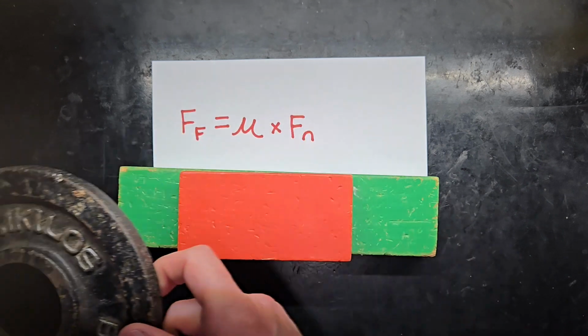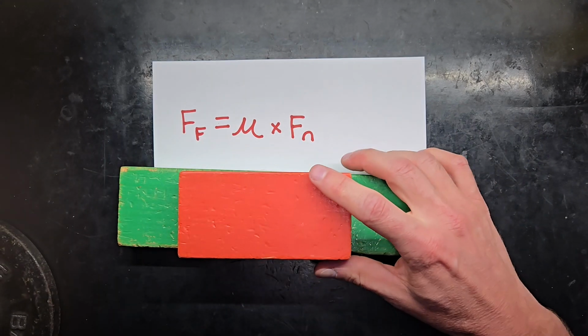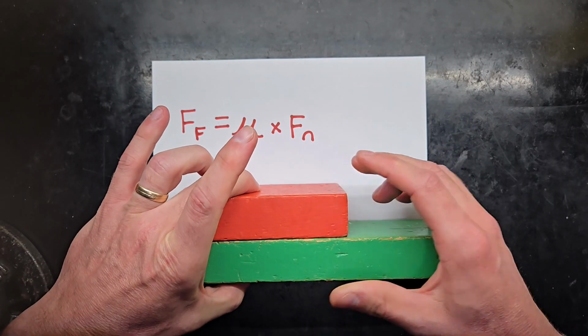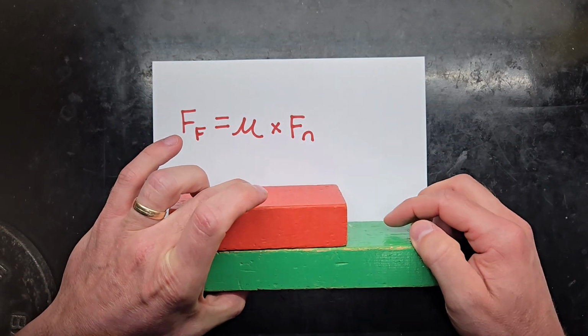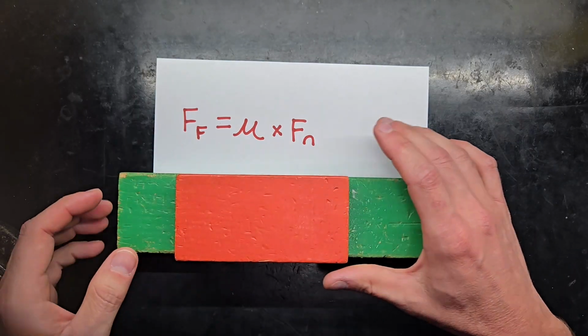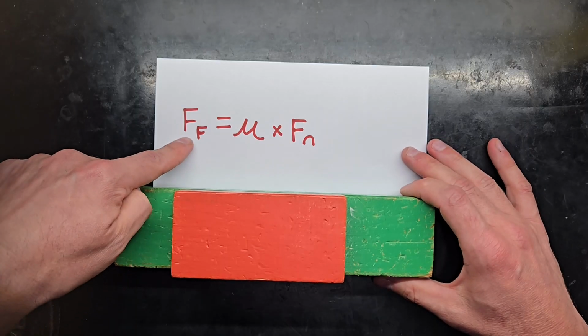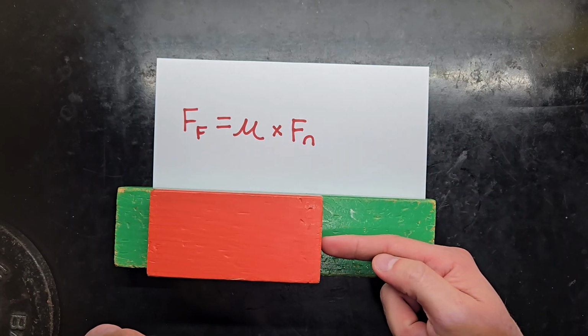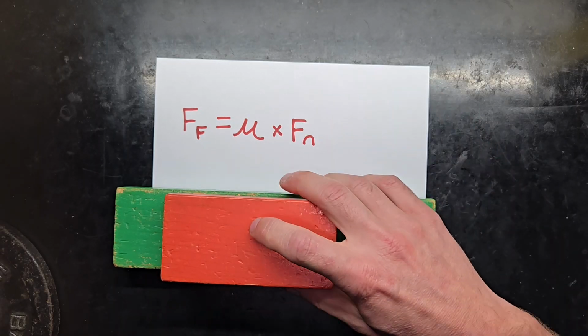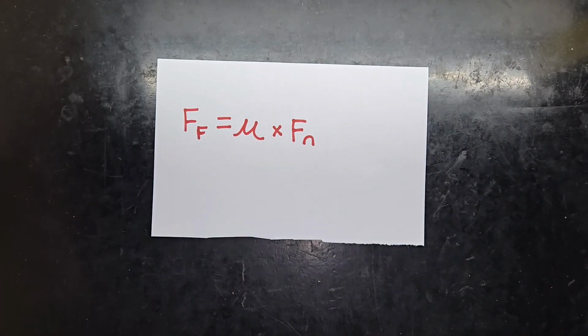And another way that we could get a normal force would be in a bolted joint. So that clamp load that the bolt puts on the two bodies also results in a normal force. So to calculate the friction force, the force that I have to overcome, we need to know our normal force and the coefficient of friction.